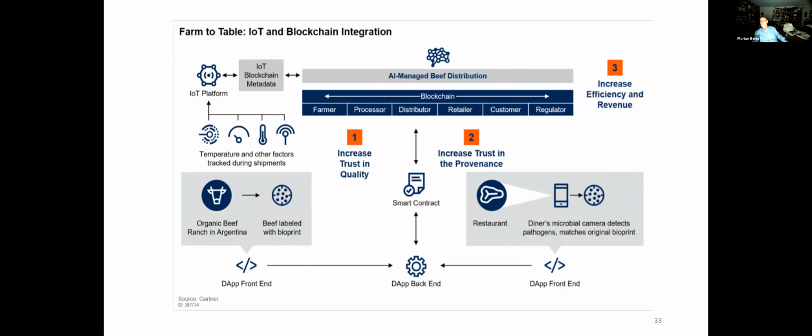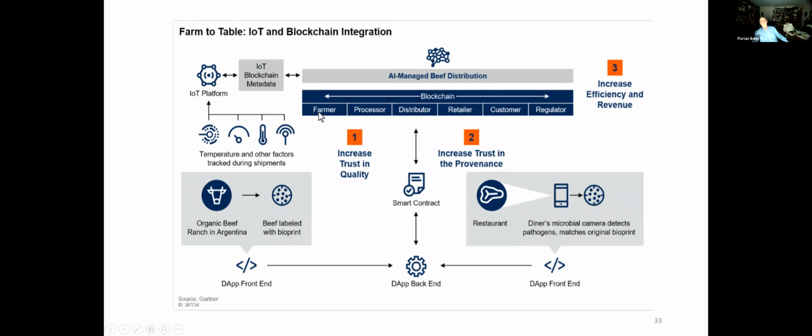In supply chain, you need to maintain the temperature of certain physical assets that are moving through the supply chain. Otherwise, they get spoiled. You can have other sensors that are connected to the internet. Now, this is the IoT blockchain metadata. It's information that comes from the IoT platform. The whole environment is called AI managed beef distribution. That's the example they want to give you.